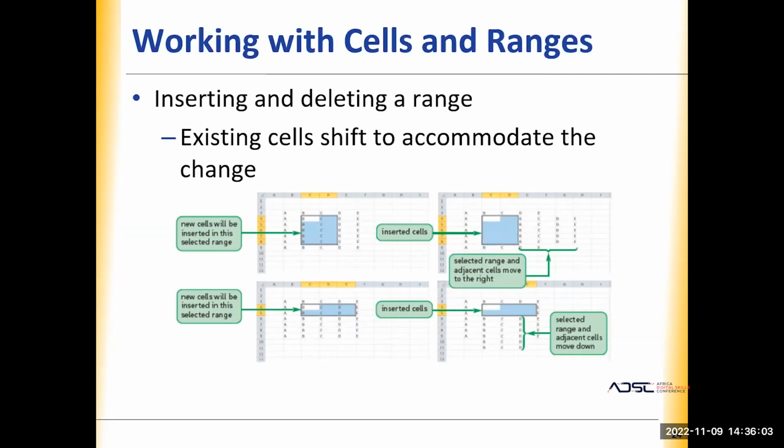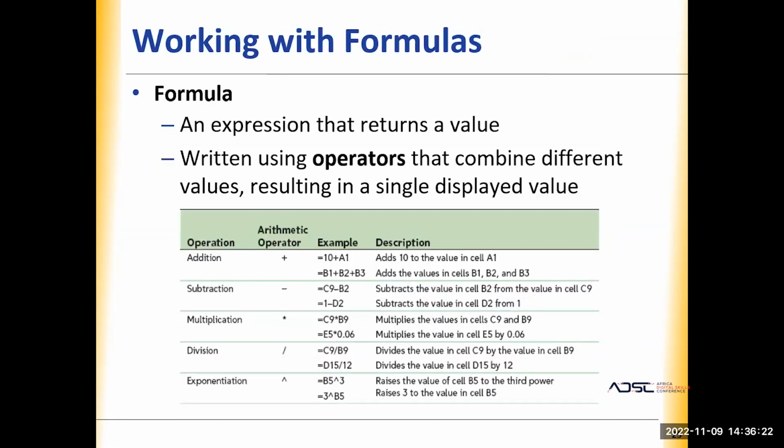Now when you copy something in Excel and you want to paste it, there are ways in which the pasting works. Are you pasting to shift the old one, or are you pasting to cover up the old data there? When we get there, you will see all the examples, and then we'll be able to make our way through. Now, we also have working with formula.